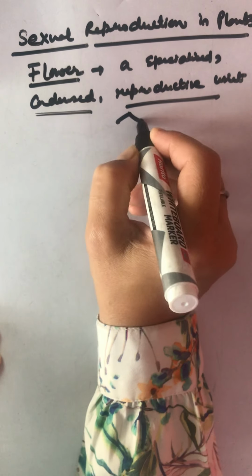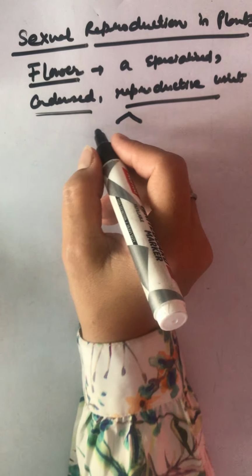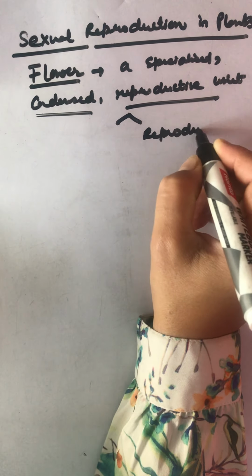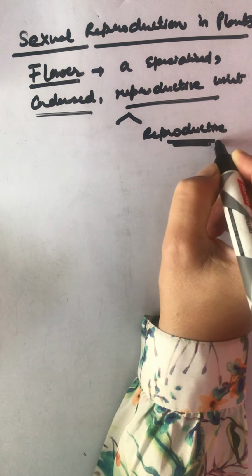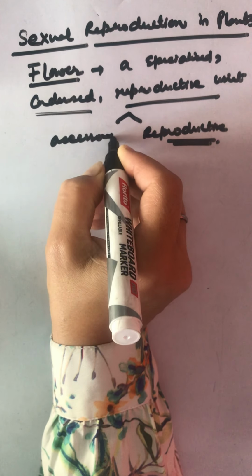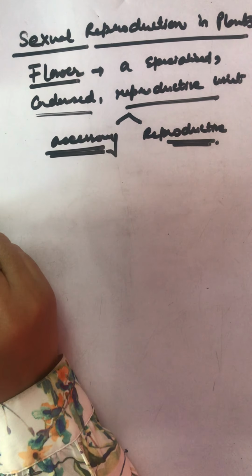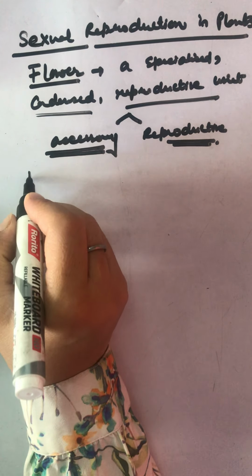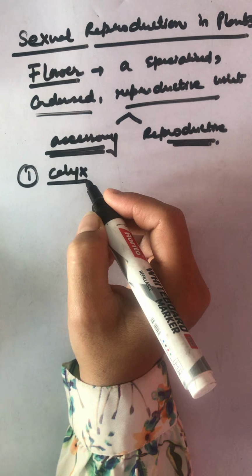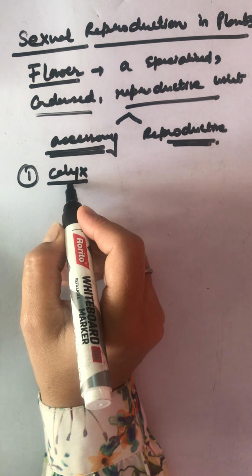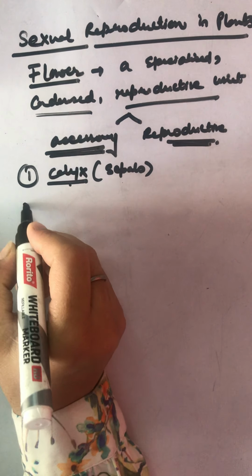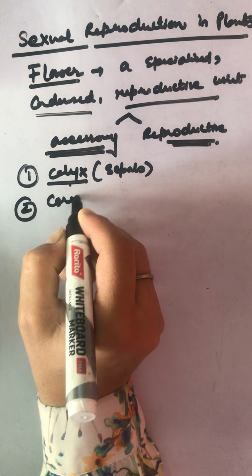It has two different types of parts in it: the reproductive as well as the accessory parts. Right. So, what are these? Calyx. Are we all aware of what calyx is? These are known as sepals, the green ones. Corolla.